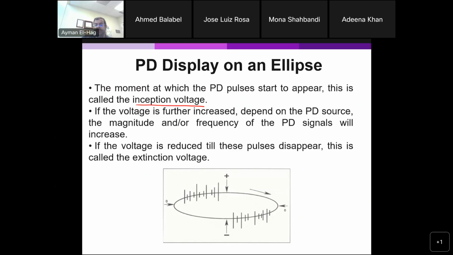Now, when the voltage is reduced to a certain level and the PD disappears, we call this the extinction voltage. So these two terms are very commonly used for partial discharge measurement: the inception voltage, the voltage at which the PD will start, and the extinction voltage, the level to which the voltage goes down, at which the PD will completely disappear.